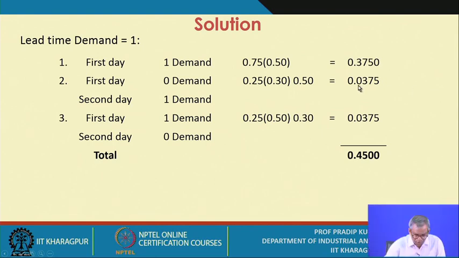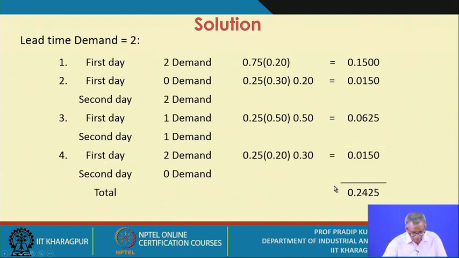So the total will be 0.0375. Or alternatively, first day there could be 1 demand and the second day there could be 0 demand. So 0.25 into 0.50 into 0.30, that means 0.0375. So the total is 0.4500.